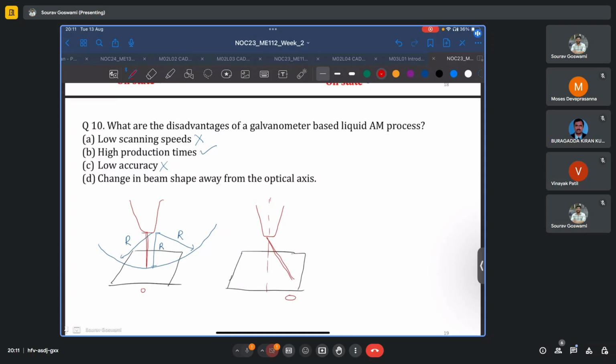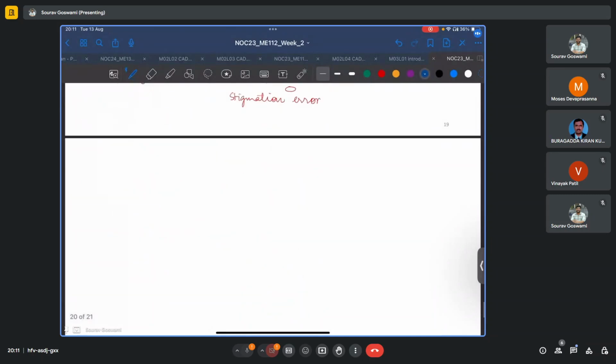This is referred to as stigmation error. We'll also discuss more about it in the upcoming sessions. Thus, the change in beam shape away from the optical axis is another consideration which amounts to a disadvantage, and thus B and D are the correct options.